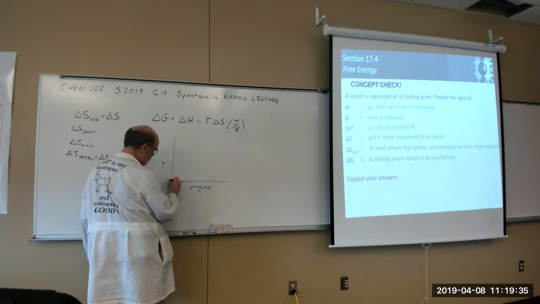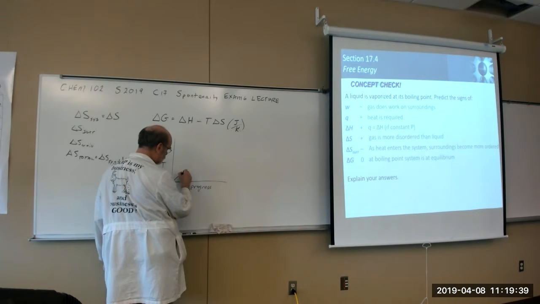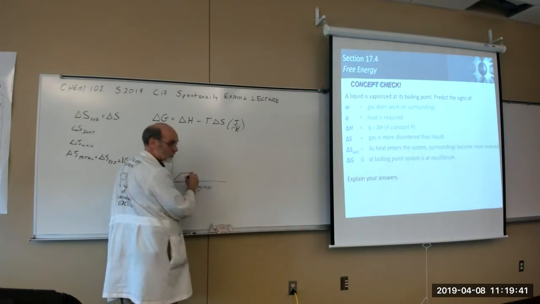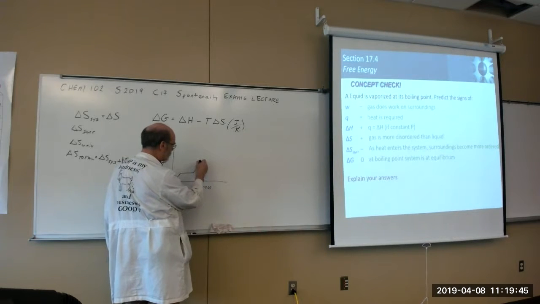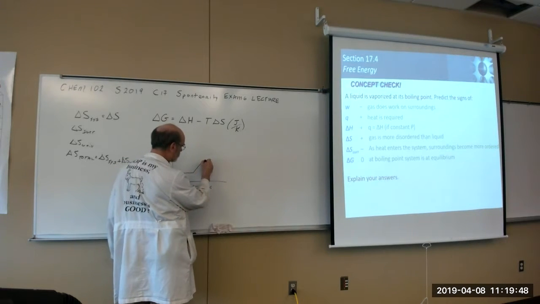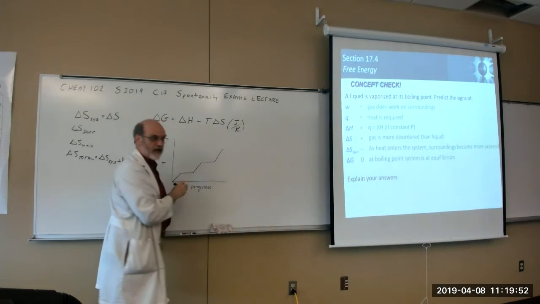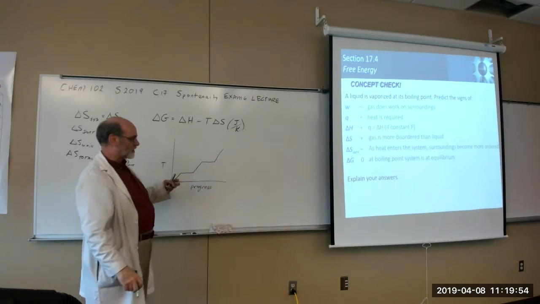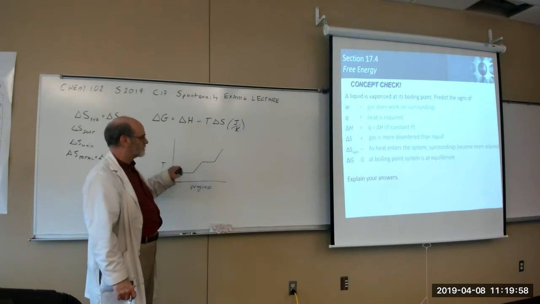As we heat the solid up, we reach its melting point, then the temperature stays constant until all the solid's gone. And then the temperature increases as we heat the liquid. And then when the liquid starts boiling, temperature stays the same until it's all gone. Then we can heat the gas. So at this point right in here, delta G is 0.